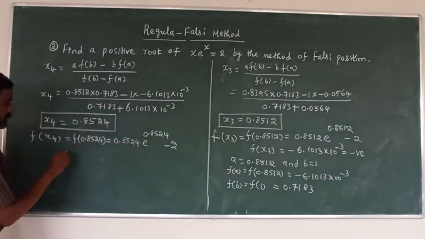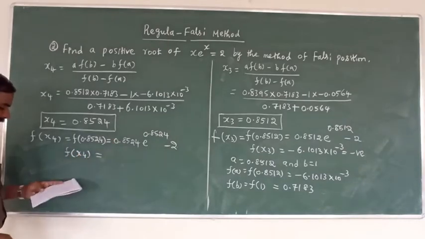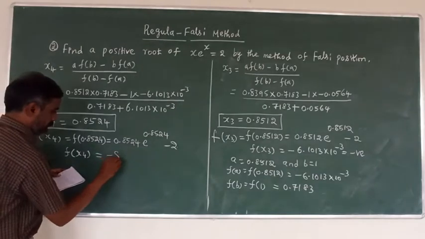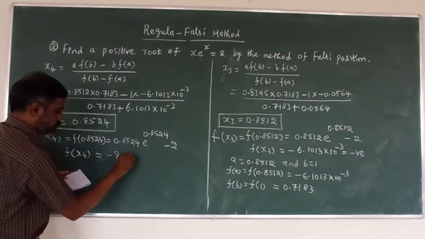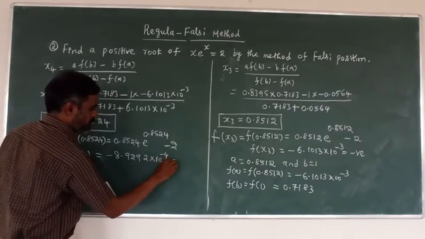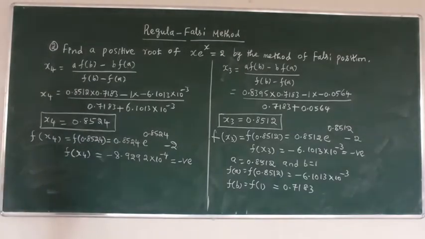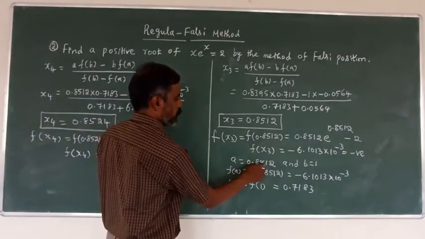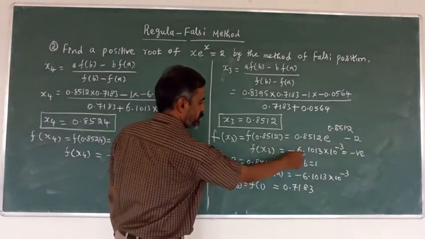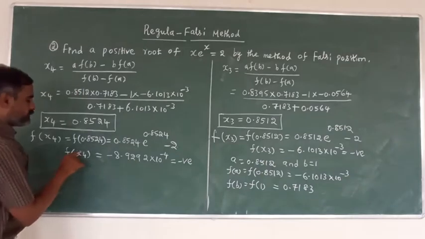Okay. Now f of x4, this result minus 8.9292 into 10 to the power of minus 4. This result is negative. Now a value 0.8512, this is for negative. This result replaced by f of x4 value.